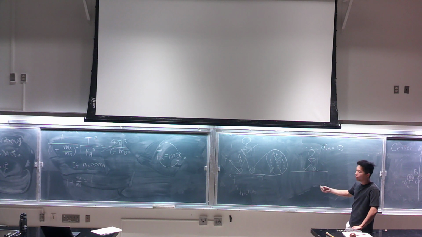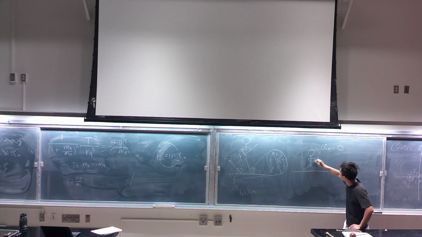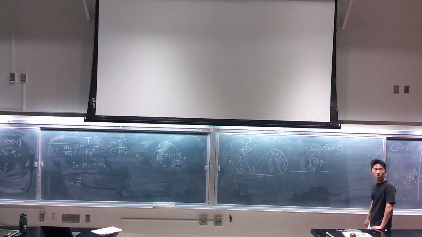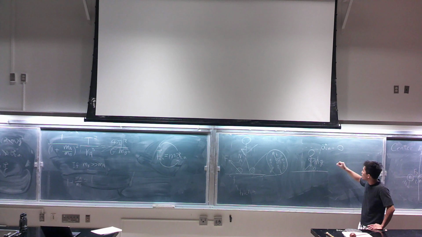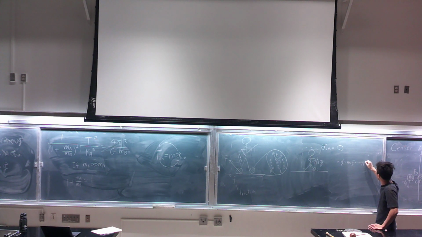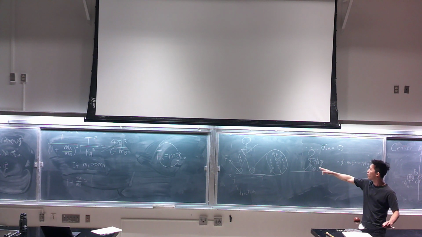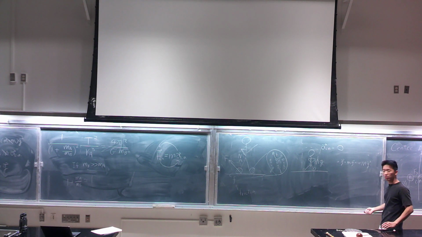There is gravity pulling every part of my body, and the sum of them will just be my total mass times gravitational acceleration. Because every single particle has small m times g, and after I add them together, I get my total mass times g. So the total gravity on this system is the total mass times g going down. Okay?